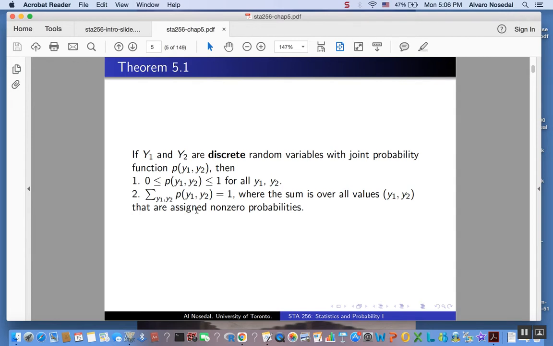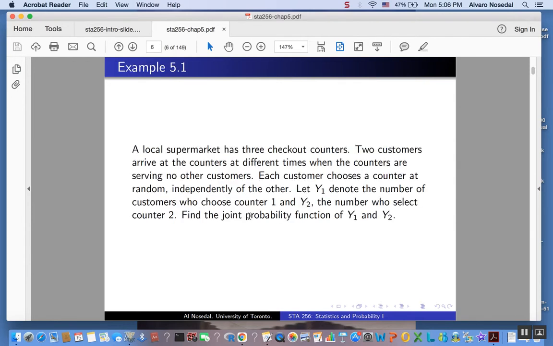Okay, so now let me illustrate this using an example. That's the problem that we would like to solve together in this video. Take a look at it, and what we're going to be doing is obtaining that joint probability function for these two random variables of interest, y1 and y2.